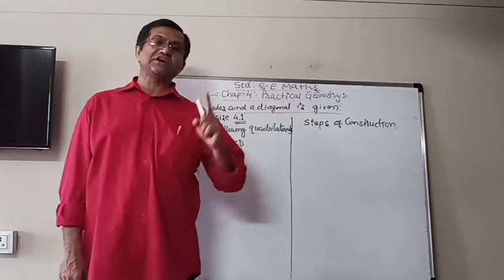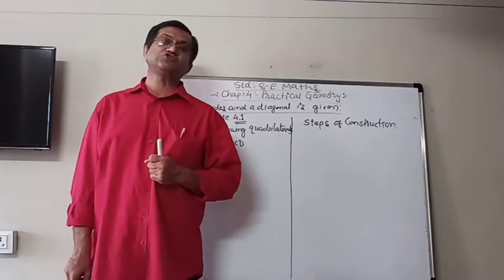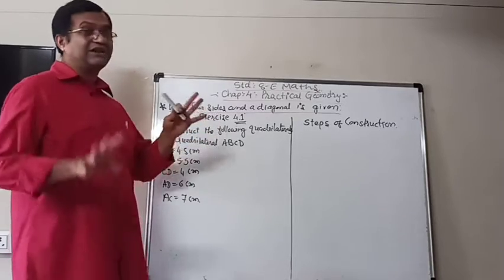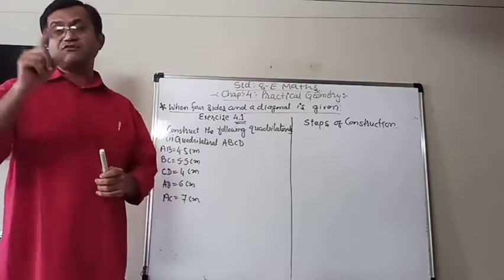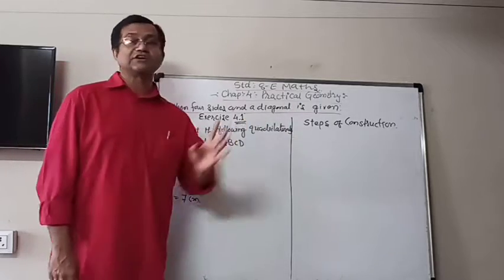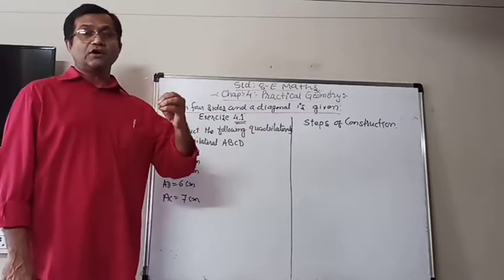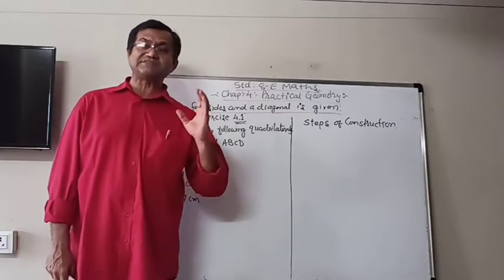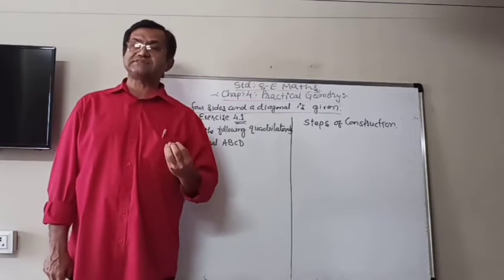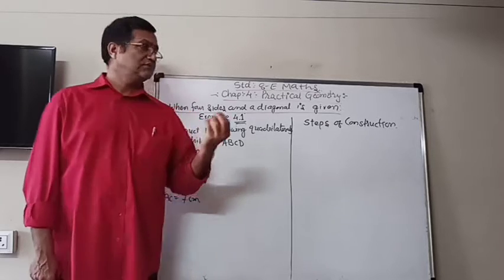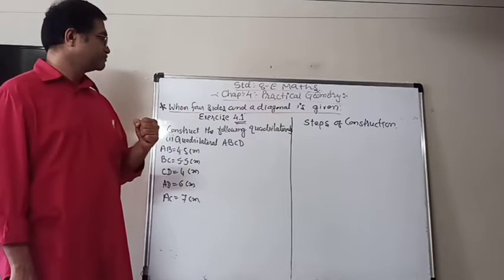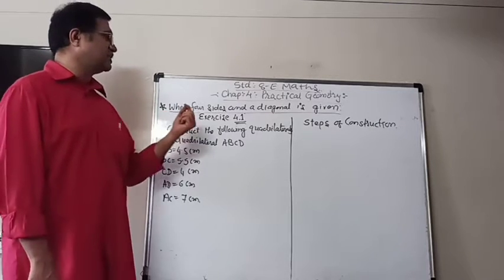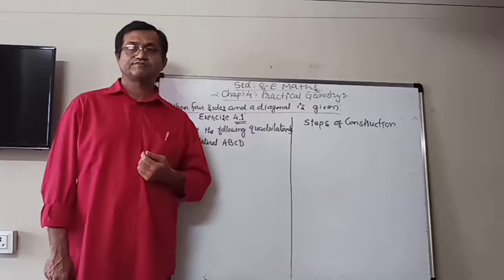So let us start with the first situation, in which the length of all 4 sides and one of the diagonals is given. I am not going to take an example, but I am starting Exercise 6.1, in which the first question is: construct the following quadrilaterals.